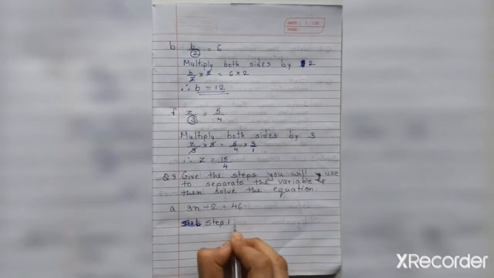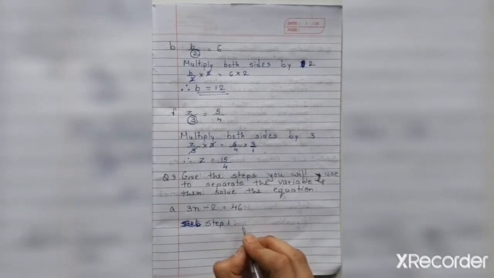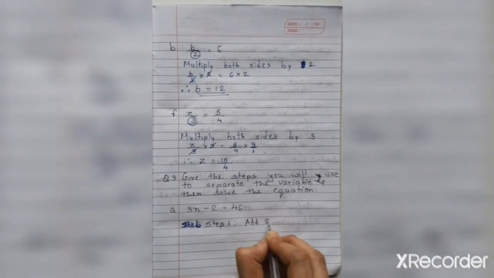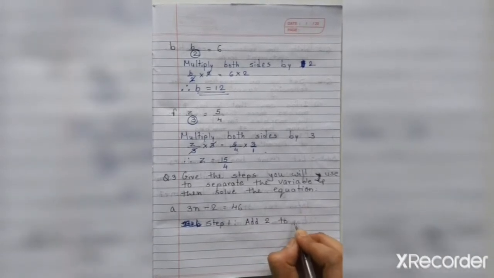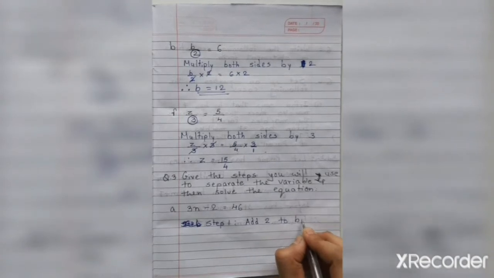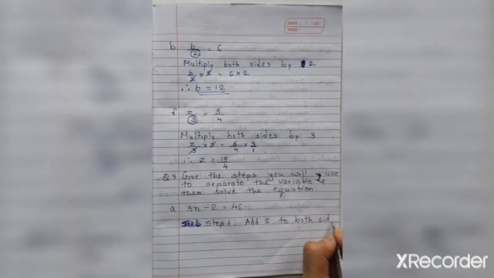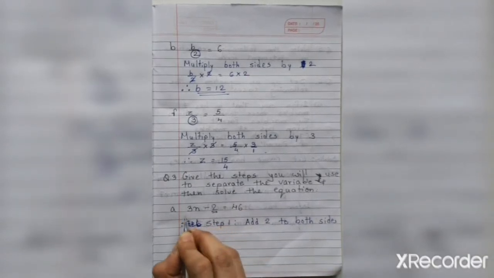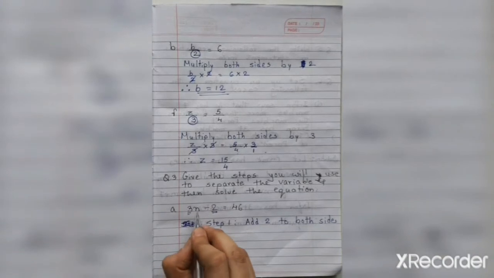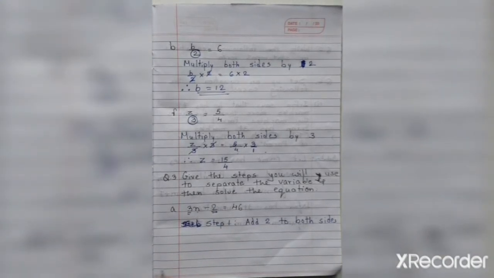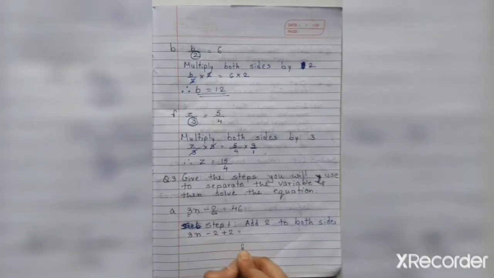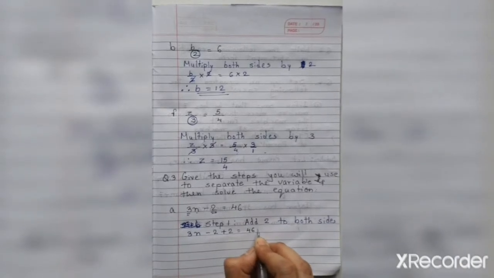Step 1 is add 2 to both sides. First we will remove 2 and then we will remove this 3 to separate the variable. If we add 2 to both the sides, we will get 3n minus 2 plus 2 equals to 46 plus 2.